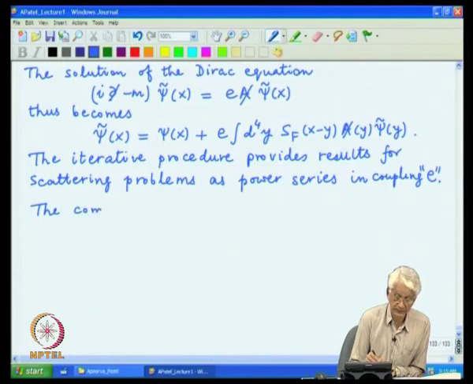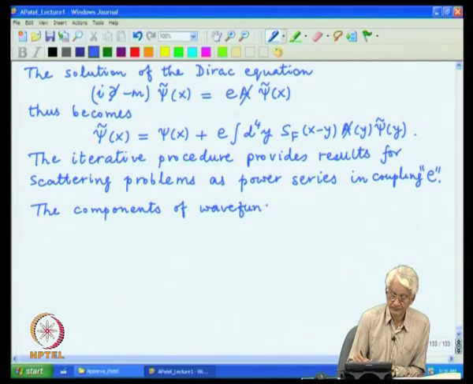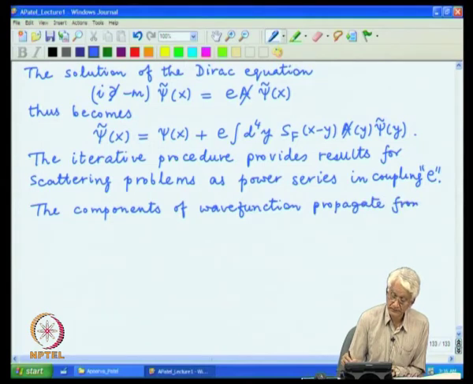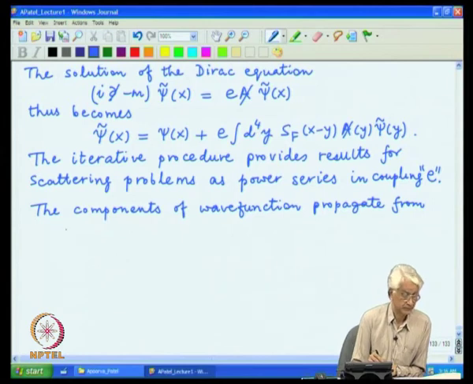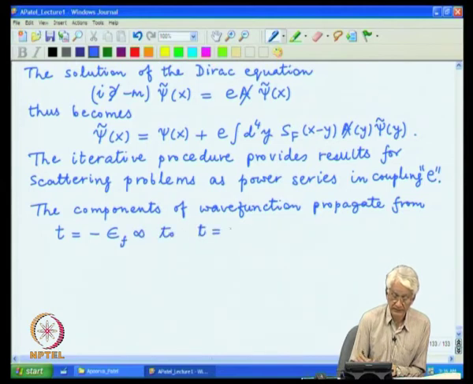These are the components of the wave function that propagate from t equal to minus epsilon f infinity to t is equal to plus epsilon f infinity.